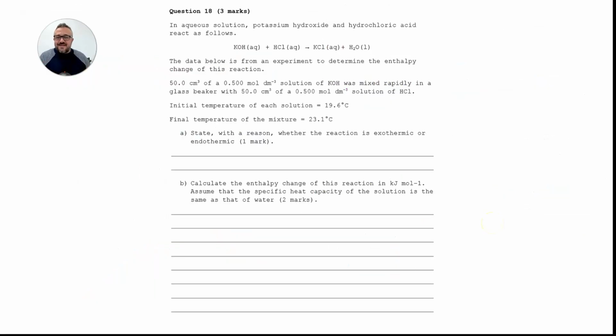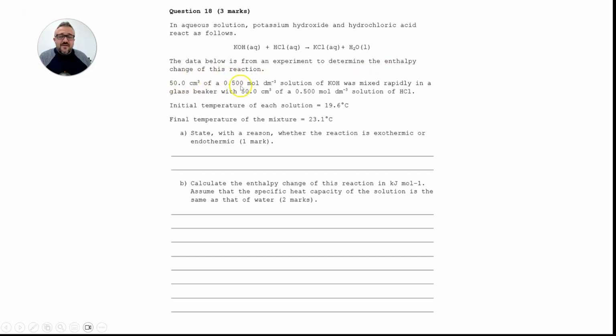Fun energy calculations. In aqueous solution, potassium hydroxide and hydrochloric acid react as follows. The data below is from an experiment to determine the enthalpy change of this reaction.